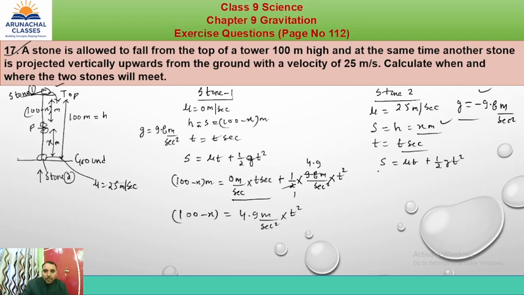Now put the values. S will be x meter, equal to the u value 25 meter per second times t second, plus half g, which is minus 9.8 meter per second square, and t square.